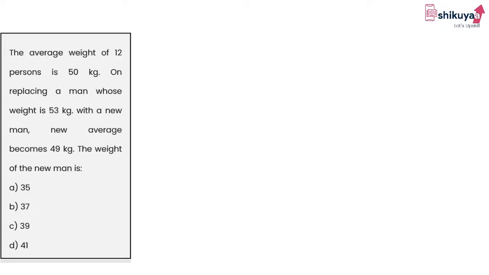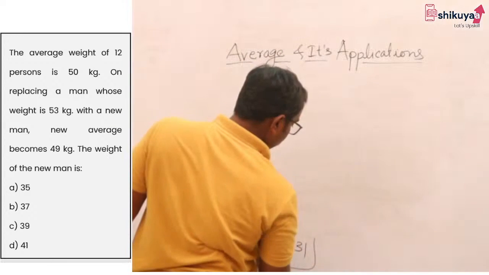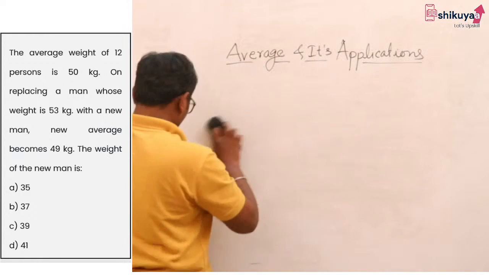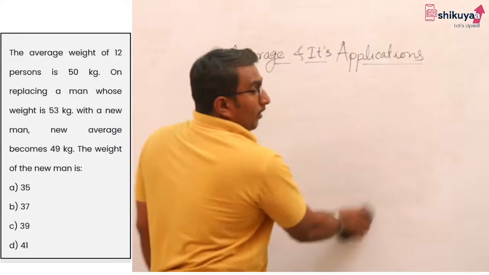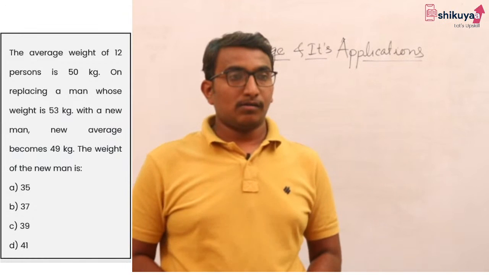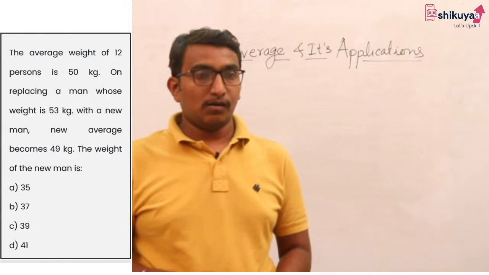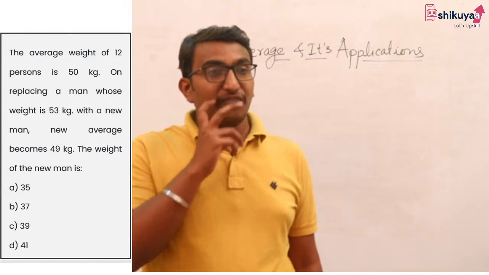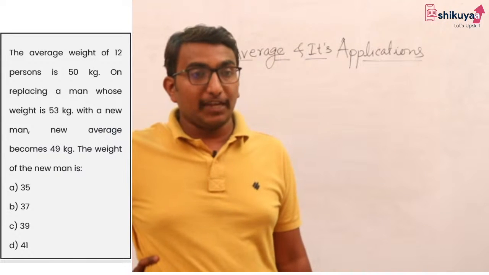Let us go to the next problem. The average weight of 12 persons is 50 kg.